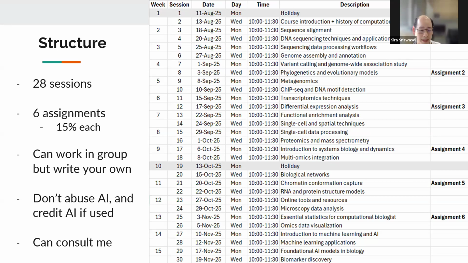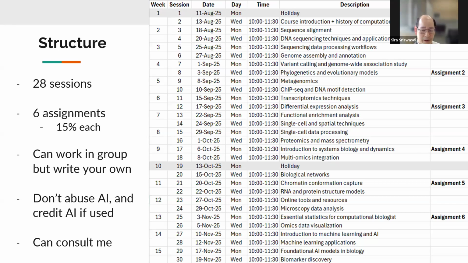Okay. For the assignments, because some of you might find computational analysis difficult, in this class we allow you to work in groups. You don't have to work on your own; you can work with your friends. I only ask that you write your own answer. You can work together and use the same software, but once you go back and put the result into writing, please do it on your own.